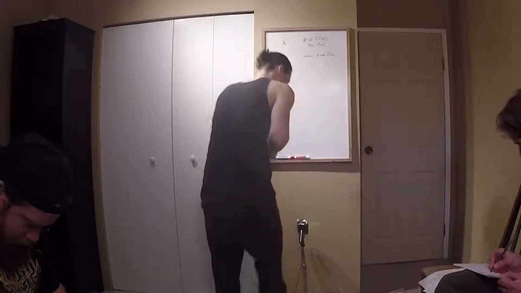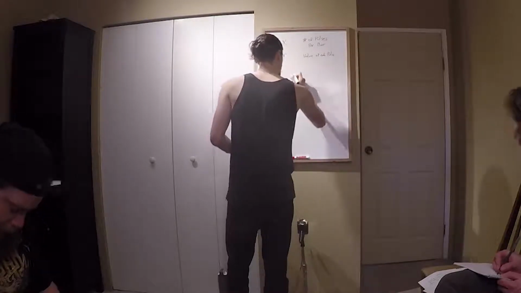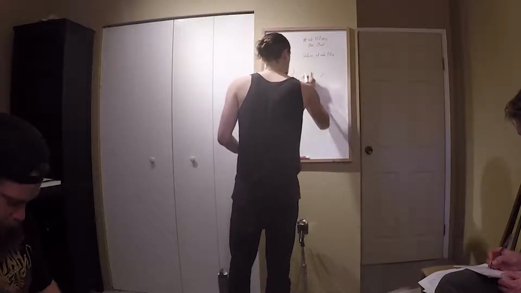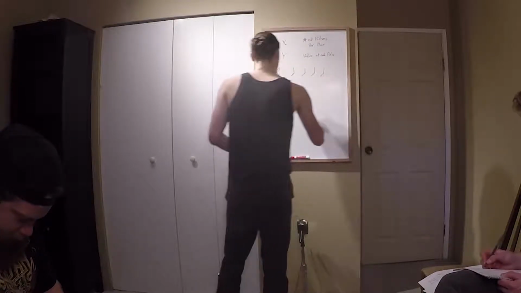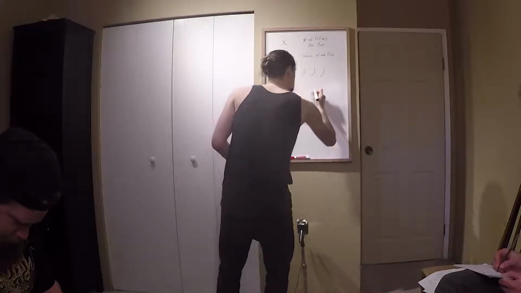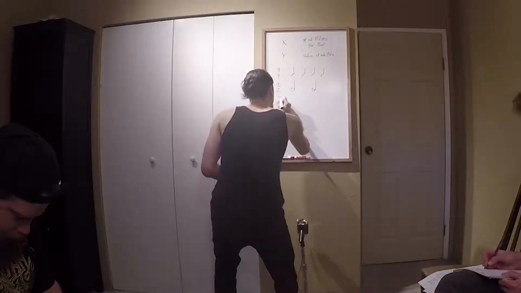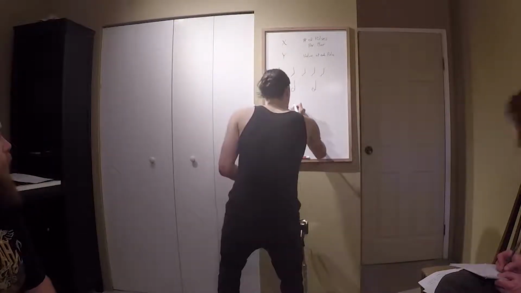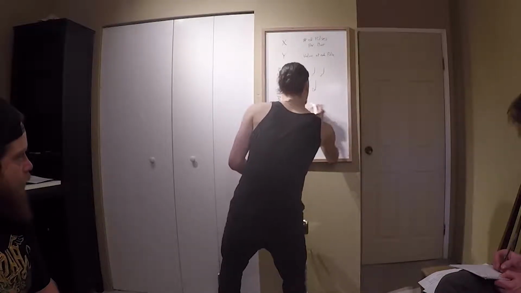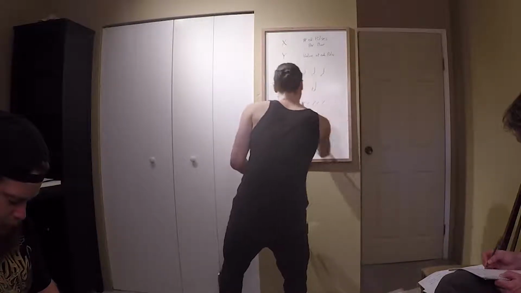So if we're in 4/4, then that would be 4 quarter notes. If we were in 2/2, that would be 2 half notes. If we were in 8/8, let's try to keep these in line.